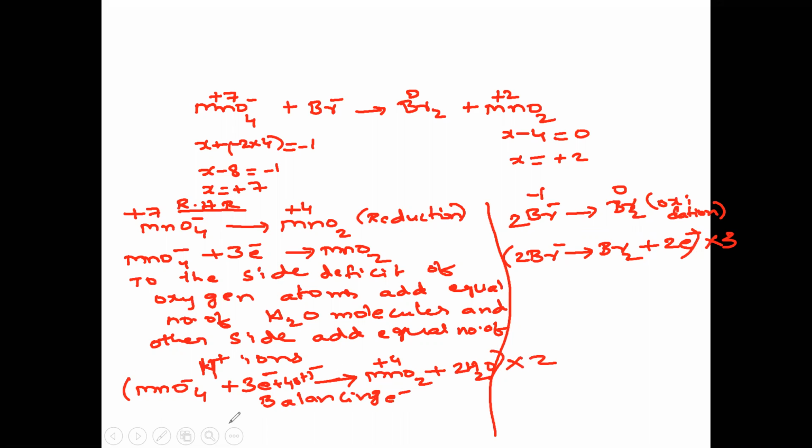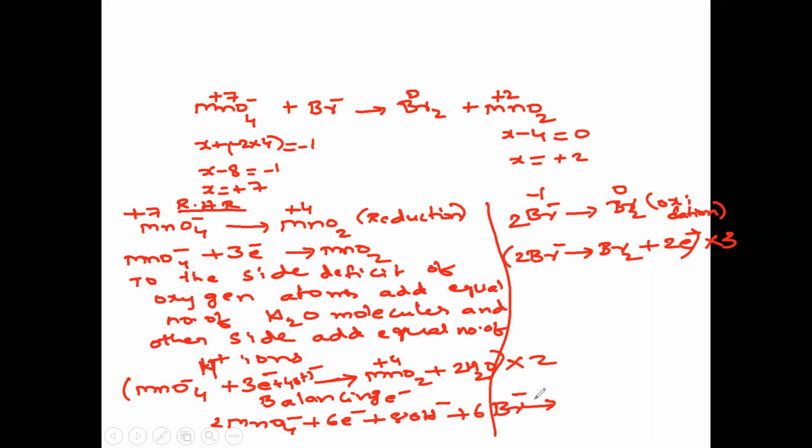Now after that, we have to write the equation: 2MnO4 minus plus 6 electrons plus 8 OH minus, plus 6Br minus, gives rise to.